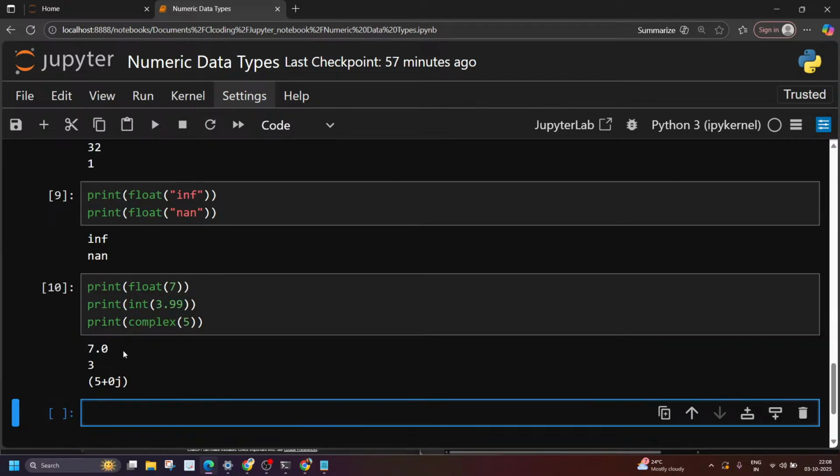See, firstly it converted into float value, then into integer, and then into the complex value.